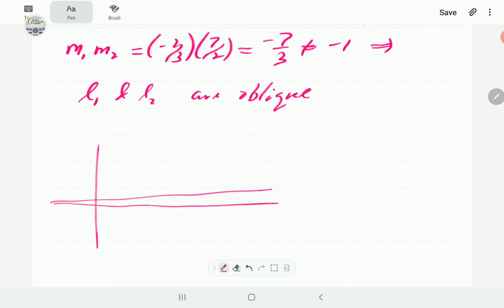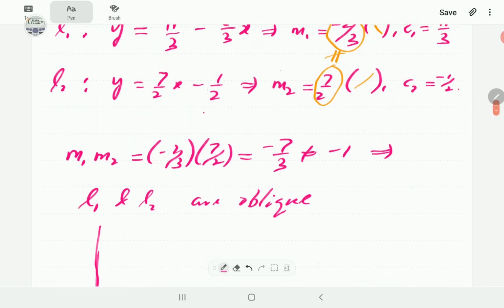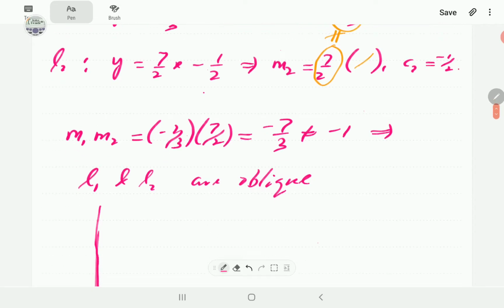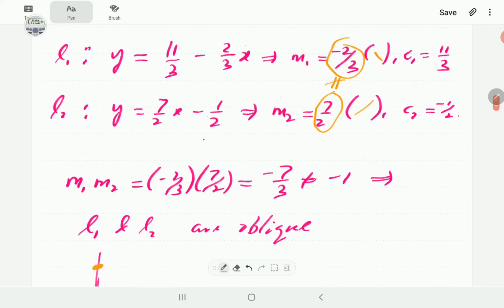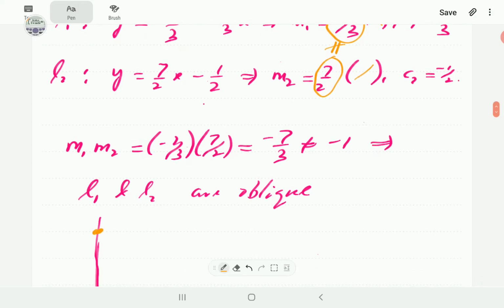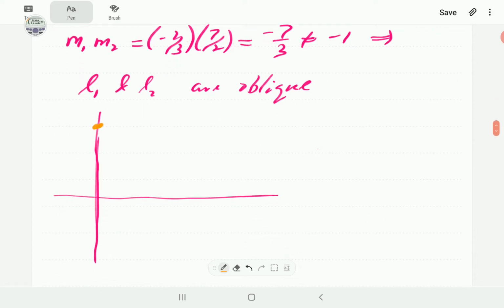So if we make a sketch of L1, L1 goes through (0, 11 over 3), so just put it there, and the gradient is -2/3. So it means this line is going to go something like this.